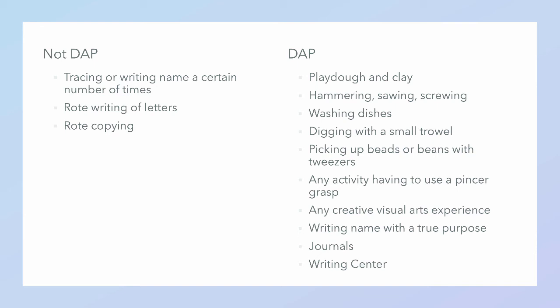Developmentally appropriate practices would put play and meaningful experiences first. Play-Doh and clay, hammering, sawing, screwing, washing dishes, digging with a small trowel, picking up beads or beans with tweezers, any activity having to use a pincer grasp, your first 3 fingers coming together, any creative visual arts experience, writing your name for a true purpose, a birthday card, your artwork, signing into class, choosing a snack preference.